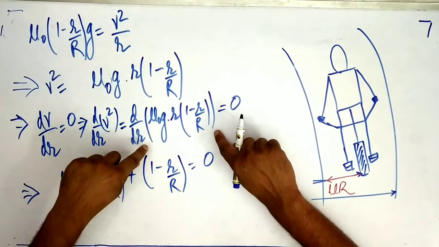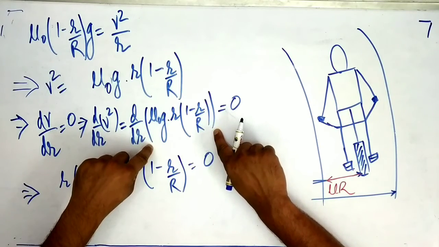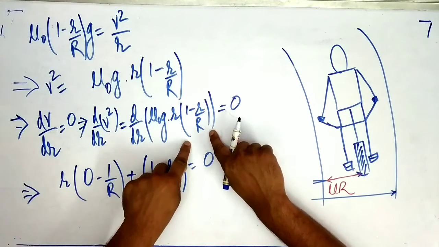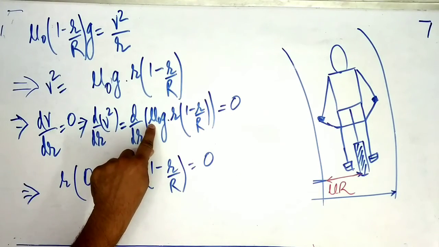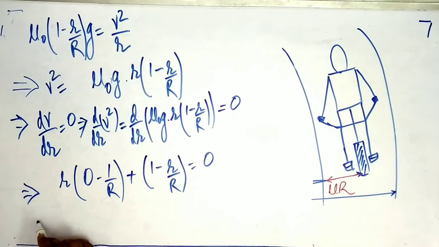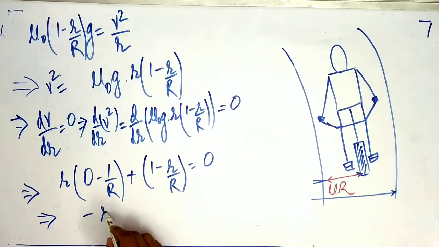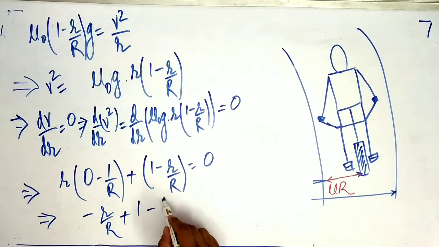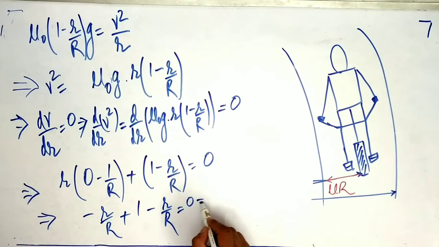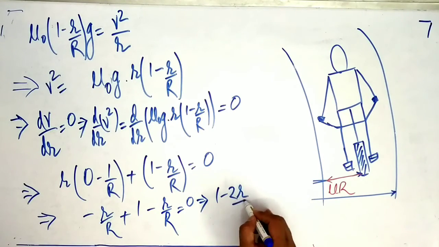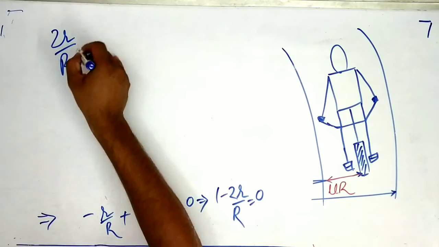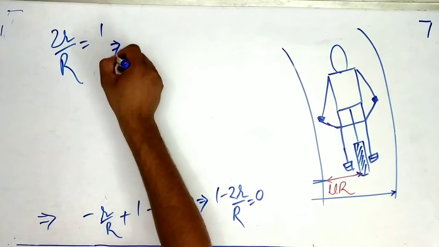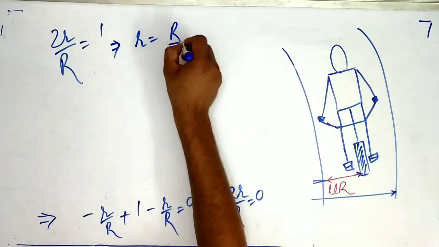I have differentiated this part with respect to r. First differentiated this part, then differentiated r, cancelled out mu naught g, and you arrive here, which gives us minus r by R plus 1 minus r by R is equal to 0. This gives us 1 minus 2r by R equals 0, which gives us 2r by R equals 1. This implies that r equals R divided by 2.